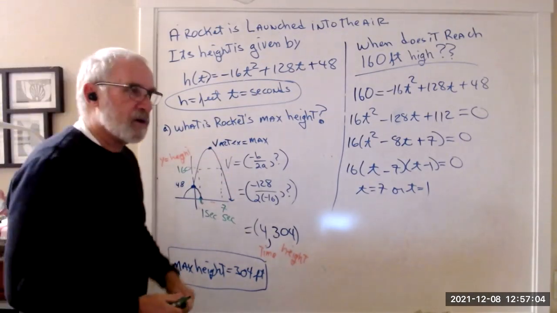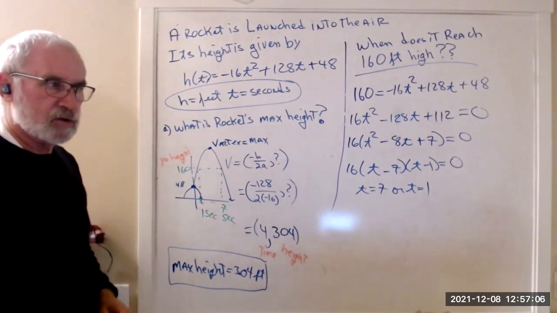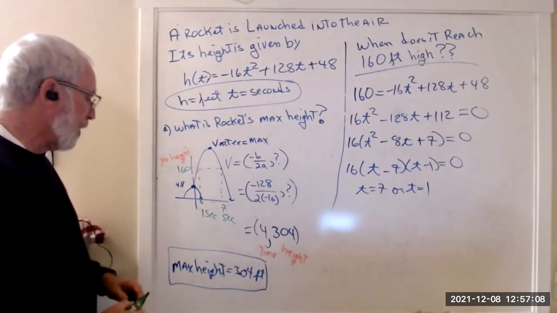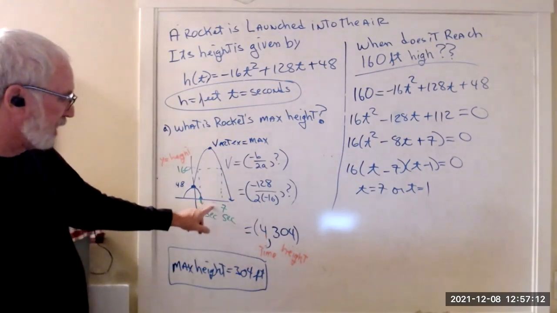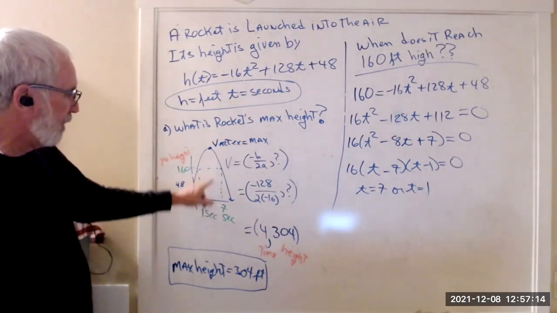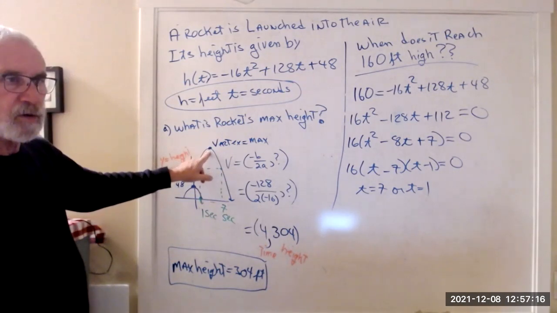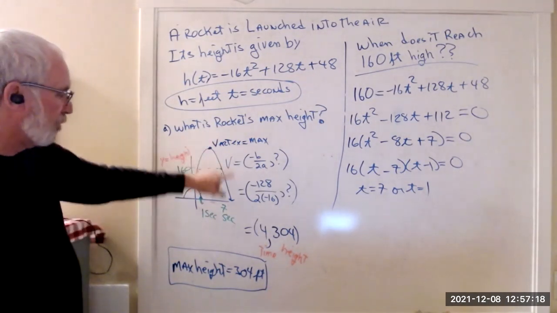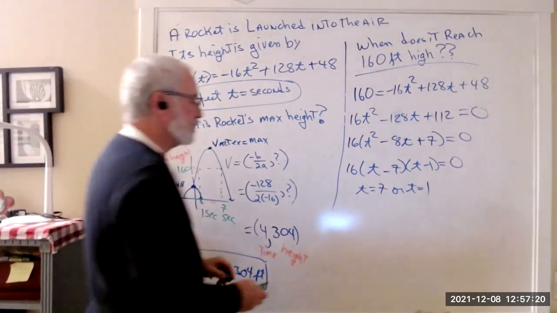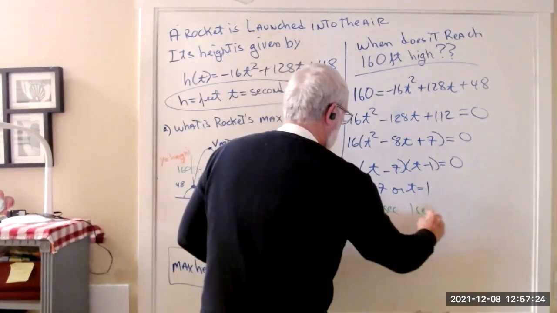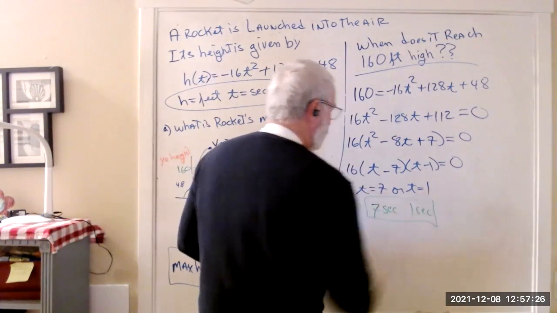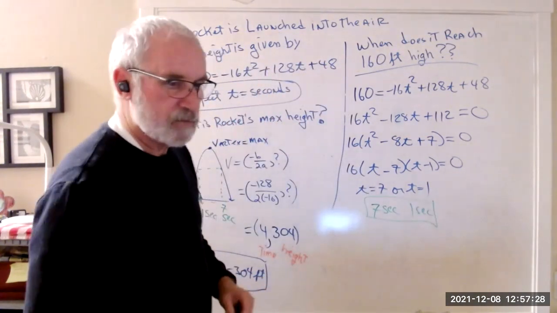These seem to be okay answers. We already know that at 4 seconds, right in the middle, it'll be at 304. That seems reasonable. So at 7 seconds and at 1 second, those are your two answers with units.